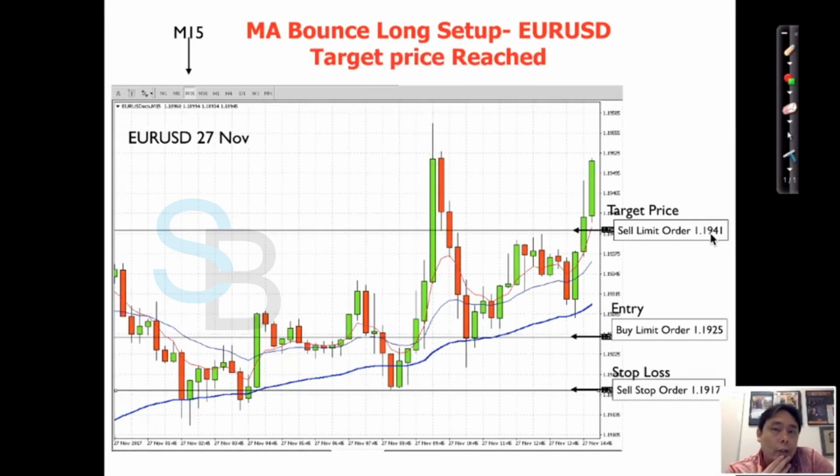Now, a common question students ask me would be, Adam, you just placed a buy limit order here, right? And you're waiting for the price to come down and hit that buy order and reverse back up. Some students ask me, Adam, why don't you wait for a bullish candlestick pattern to form before entering?